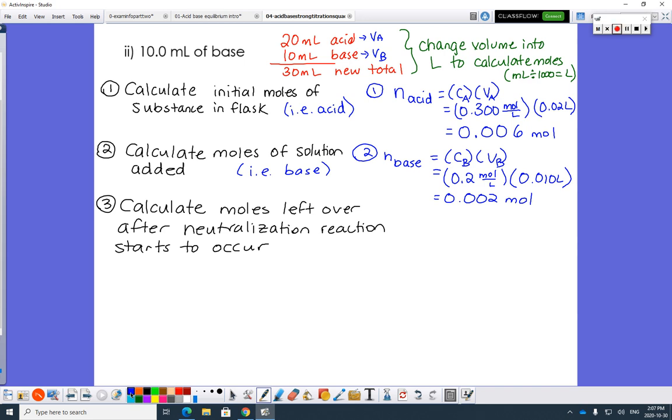Right. And can you have a negative mole? No. So then you're like, oh, darn it, I just have to flip it around. That's it. Okay. So I'm going to write n unreacted equals n initial minus n added, which is fine. That's what we're doing. But remember, you can think about your answer logically. I should not get a negative mole. I subtracted the wrong way. Okay.